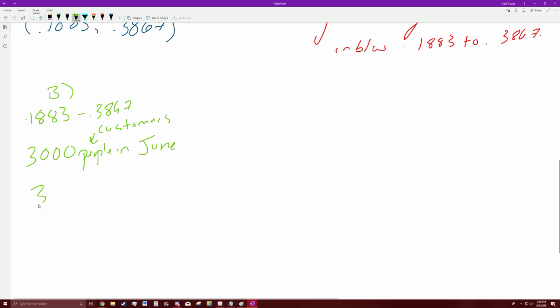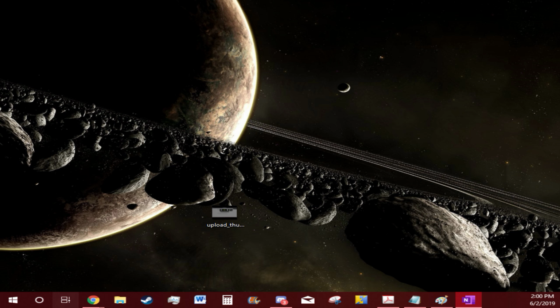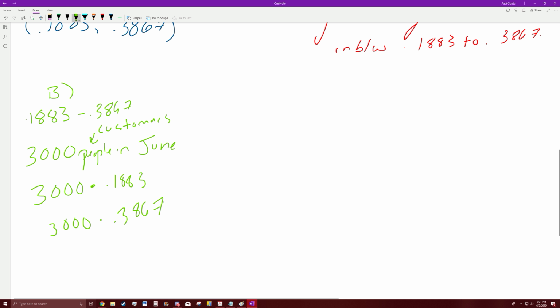So we're going to do 3,000 times 0.1883 and 3,000 times 0.3867. This is going to give me about 565, and this will give me 1,160. Now all we have to do is multiply.